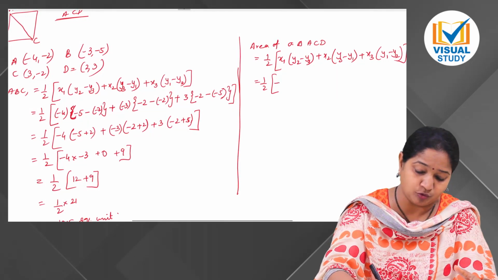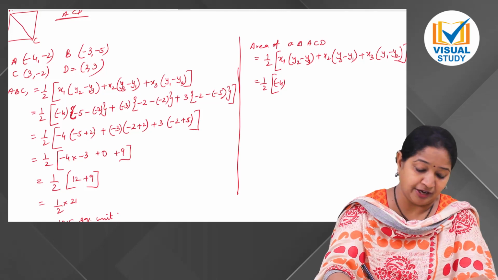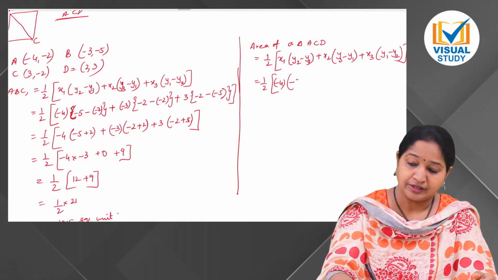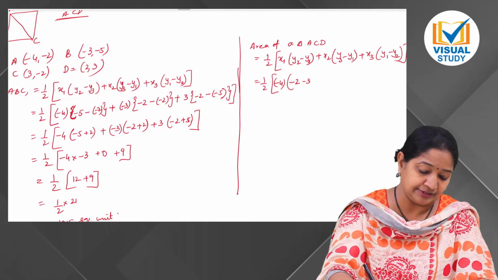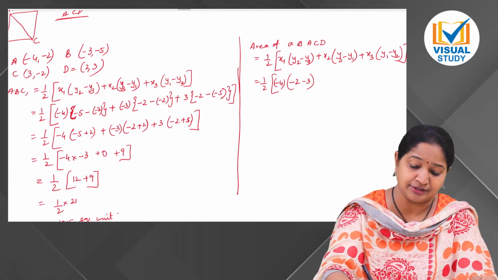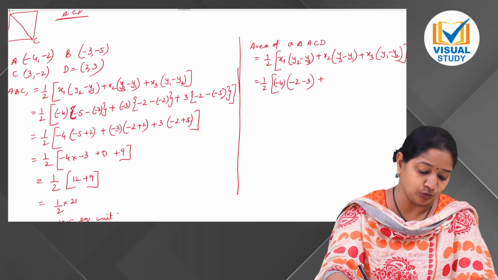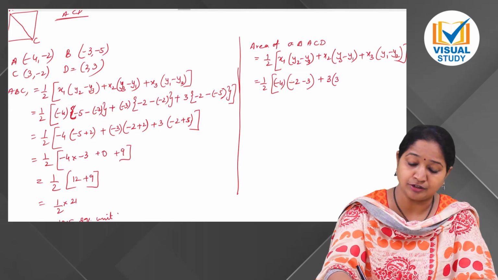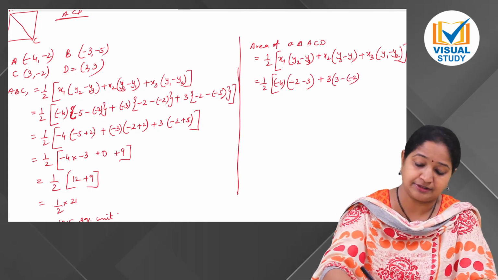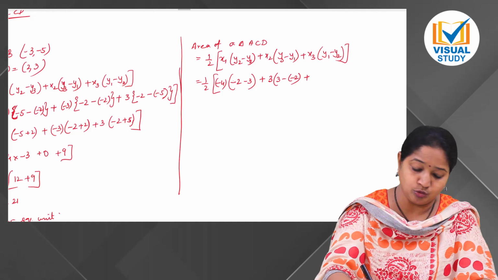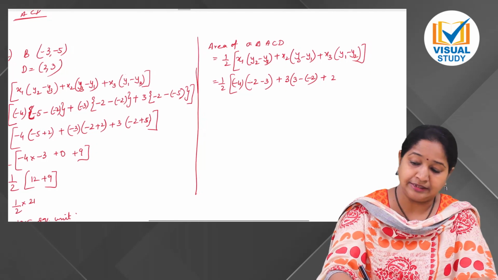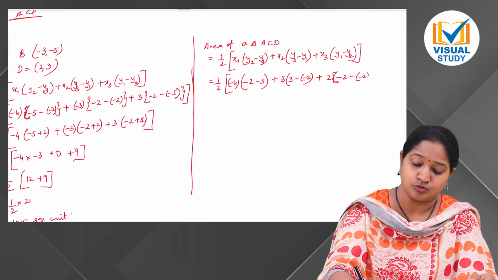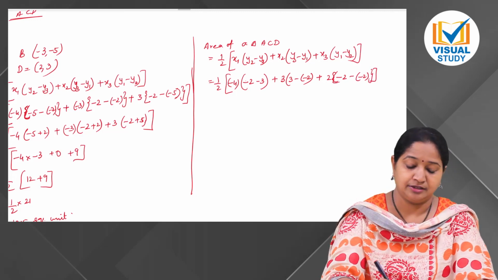x1 is -4, y2 is -2 and this is minus of 3. x2 is 3, then 3 minus of -2, plus x3 is 2 and then -2 minus of -2, that is half.